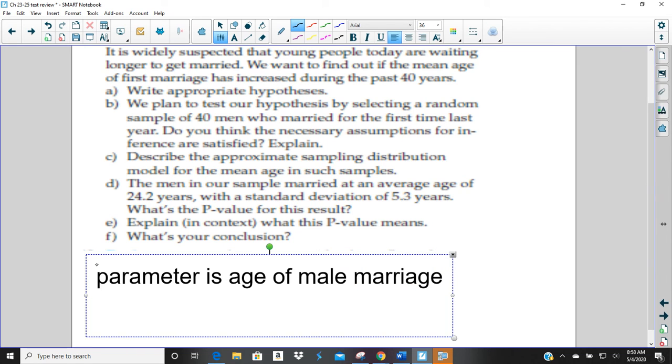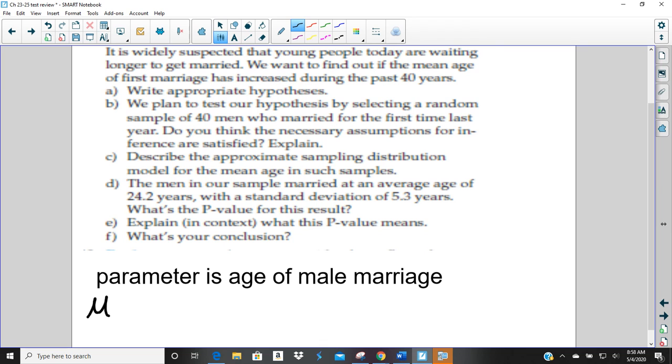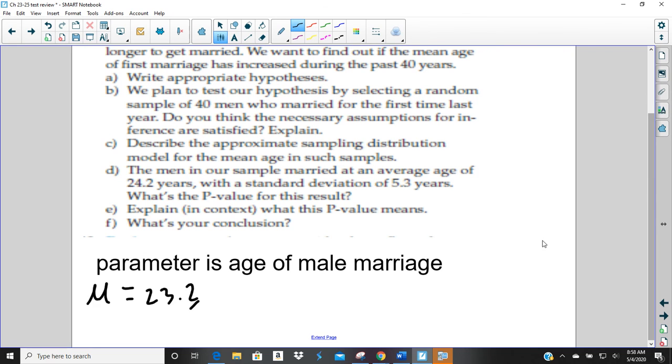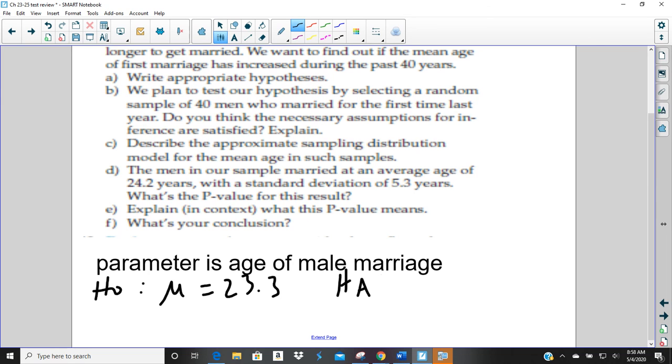Let me erase this for a second and start over. Our null hypothesis is going to be mu equals 23.3. Our alternative hypothesis is going to be mu is greater than 23.3. They want to know if it has increased.